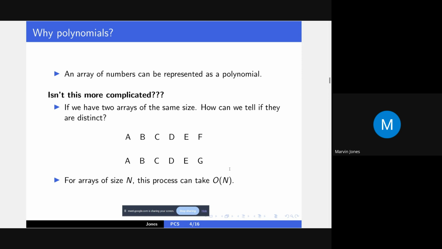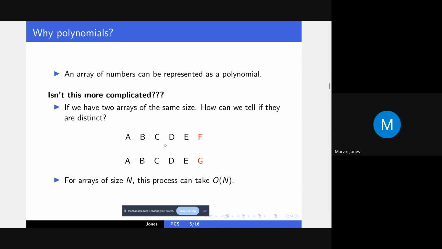But the reason we want this is because if I have two arrays, I took one that had 6 elements, and I want to tell if they're distinct, I literally have to go through one at a time. Oh, there's a difference. And that could be quick or it could be slow.